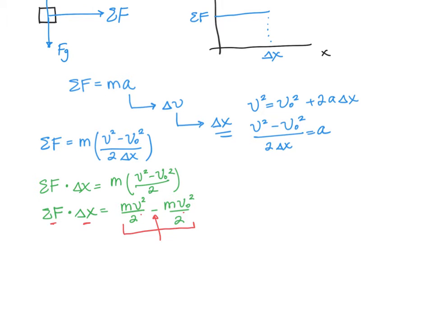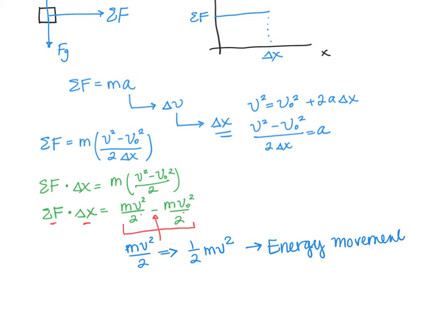Then this component here that is mv squared divided by 2, or more familiarly, 1/2 mv squared, we refer to as the energy that is stored in the movement, and movement is kinetic. Okay, so the kinetic energy.